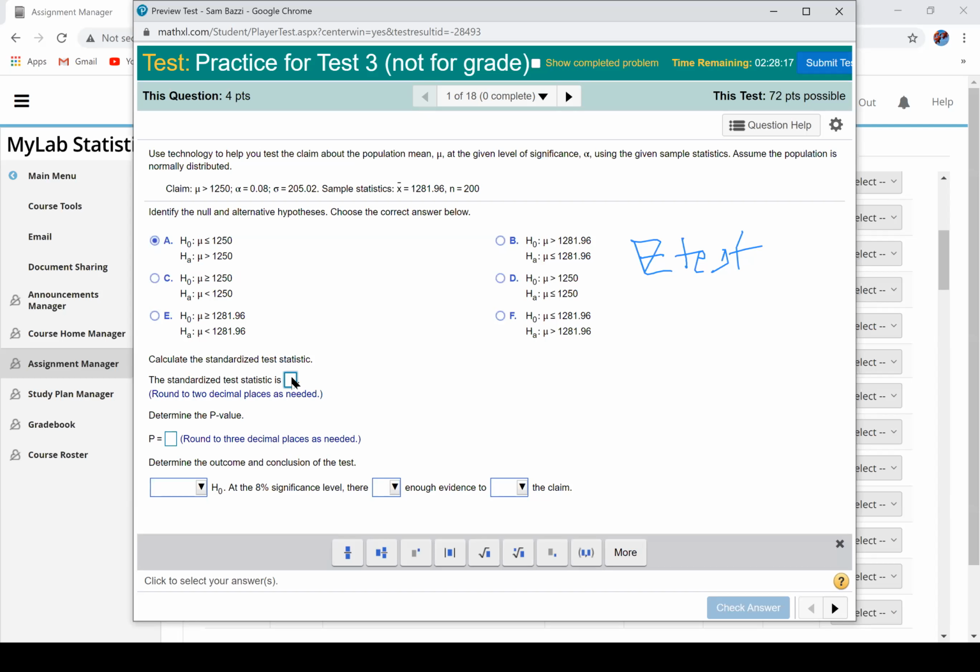To calculate the test statistic, guys, I'm gonna switch between the screen and my other screen here. So let me put this into the calculator. So it's gonna be a Z-test.